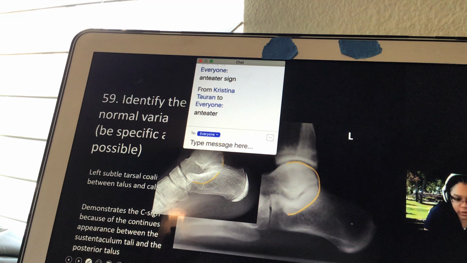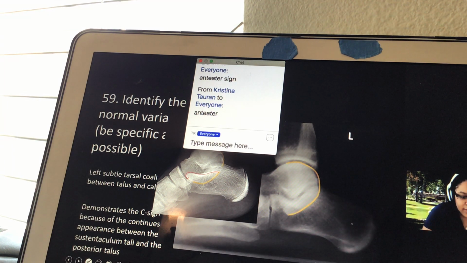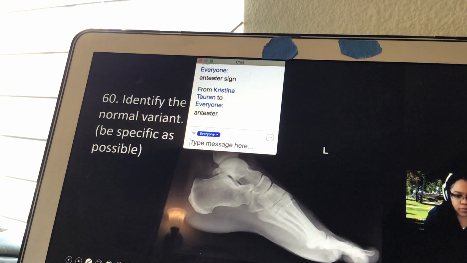So normally we should be able to see separation between the sustentaculum tali and the talus. And you see the posterior process is detached.